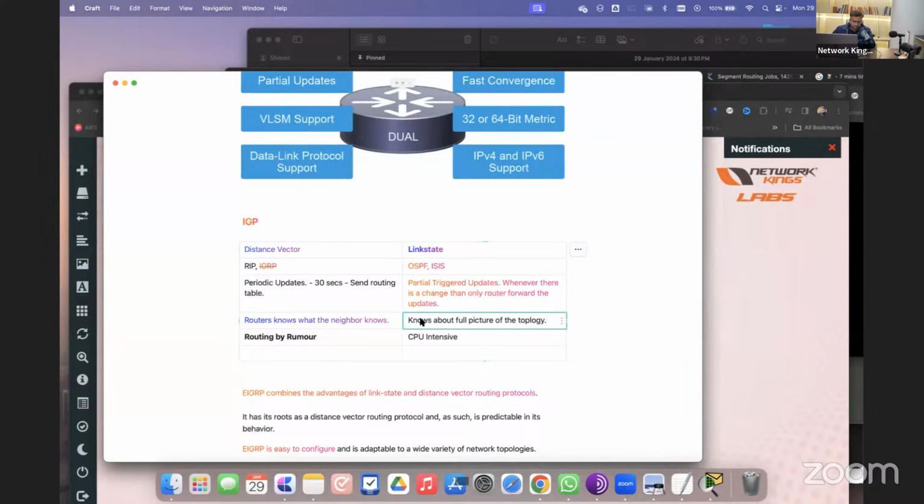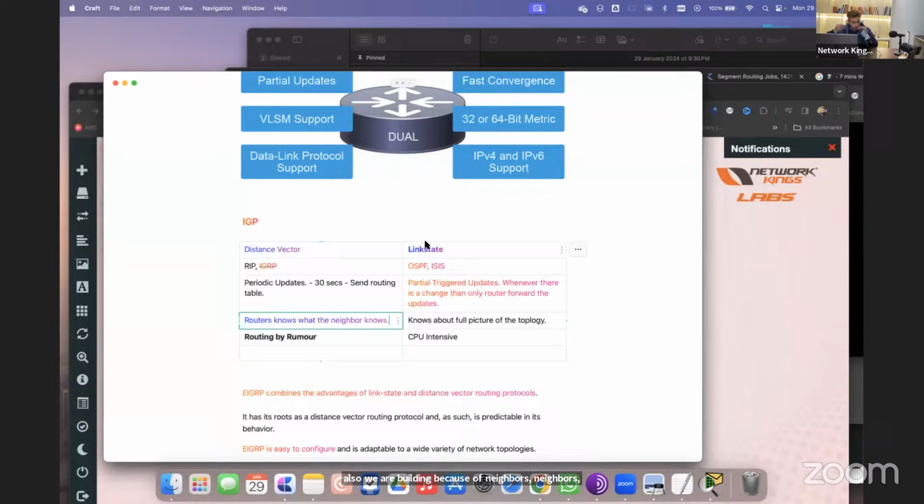In link state, the router knows everything about the topology. OSPF knows everything because it creates a table called the database table. But in EIGRP, we do not have the database table. We have a topology table, but that topology table also we are building because of neighbors.